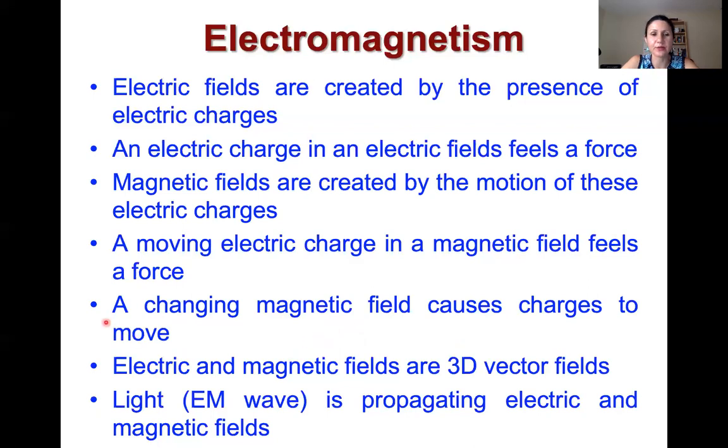So this is known as magnetic induction, because it's changing magnetic fields that induce charges to move, or in other words, induce electric currents. And then we'll wrap this up with a generalization of what exactly electromagnetism is, or specifically what electromagnetic waves are, and why they're called that. So that's what we'll see at the end of this lecture.